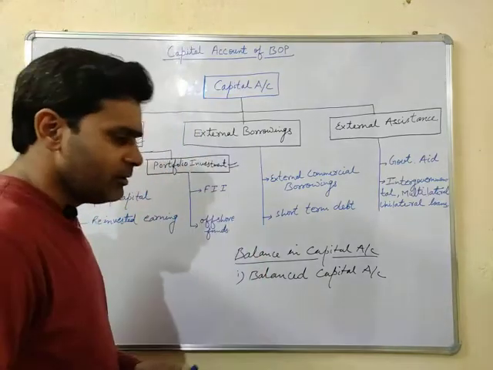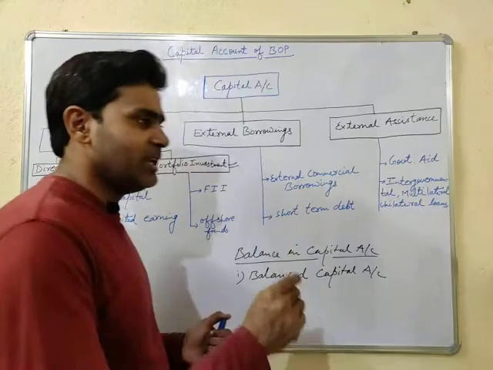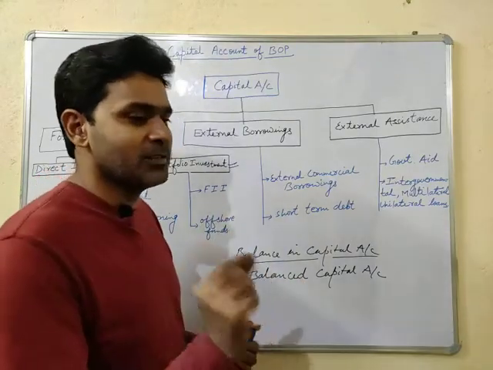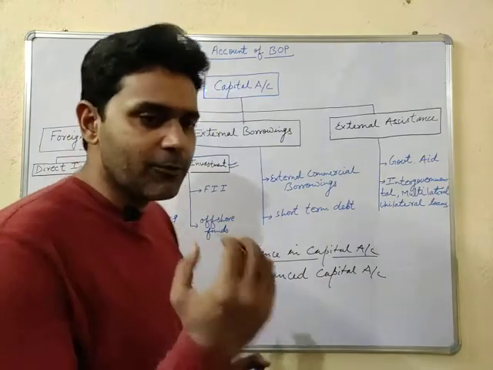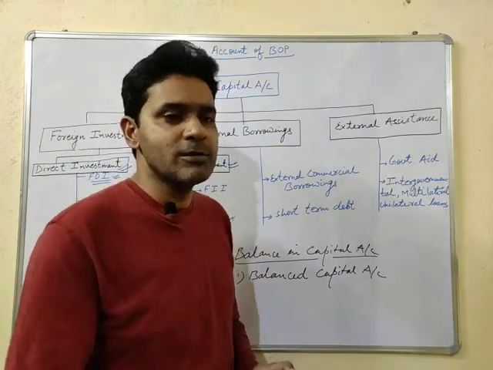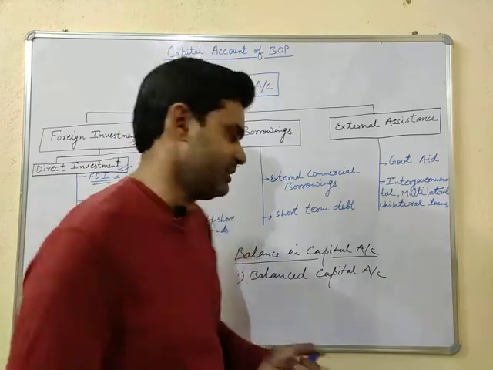What will be the inflow? The inflow may be in the form of receipts of loans and sale of assets or shares in foreign companies. And what will be the outflow? The outflow may be the repayment of loans and purchase of assets or shares in foreign countries.